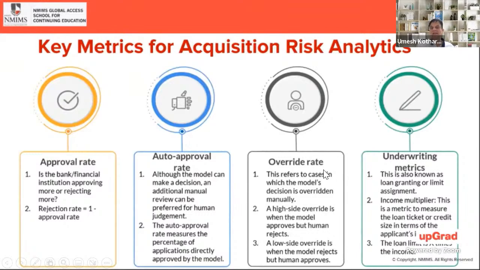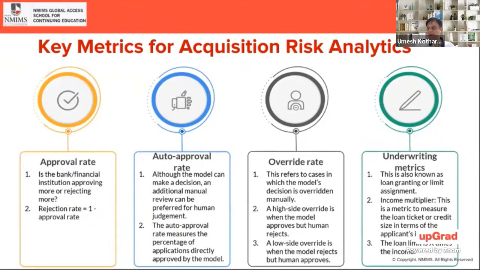You have an overriding rate, and there are 2 kinds. First of all, what is the overriding rate? Those are cases where the model's decision is overridden manually. If the model has rejected, you interjected and accepted it, or if the model has accepted, you interjected and rejected it. High side override is when the model approves and humans or staff reject.